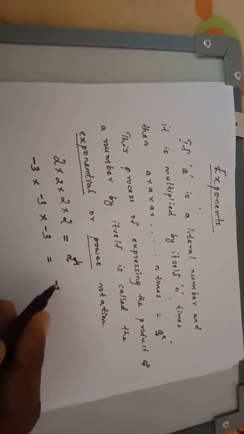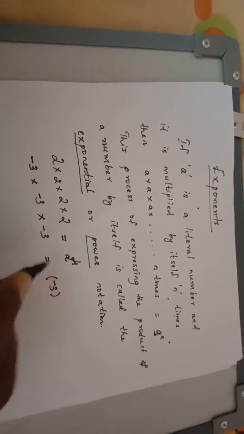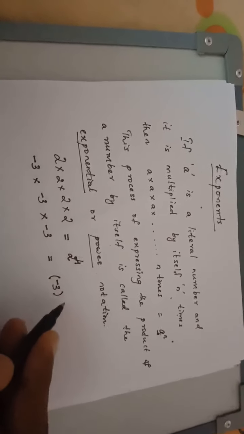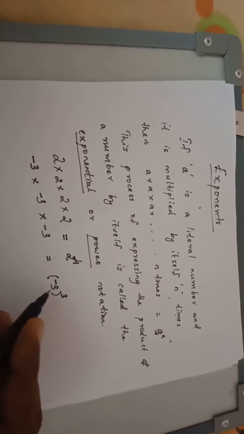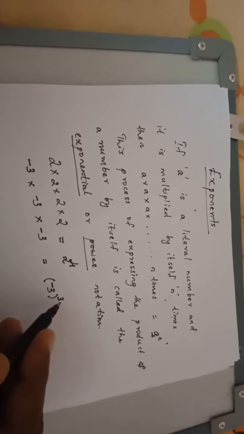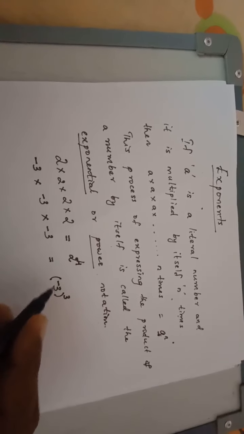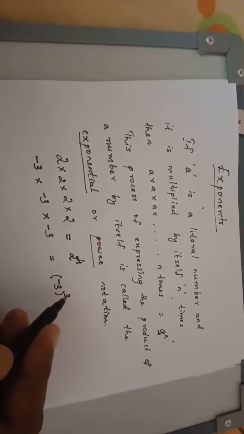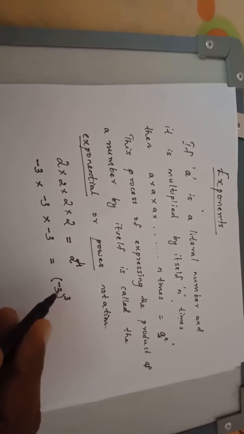Since it is a negative integer, we should put a bracket, and the number of times, 3, should be written on the top corner. So here -3 is the base and 3 is the power. One more very important thing: you have to put brackets when we take negative numbers, because the power 3 applies to the negative sign also.